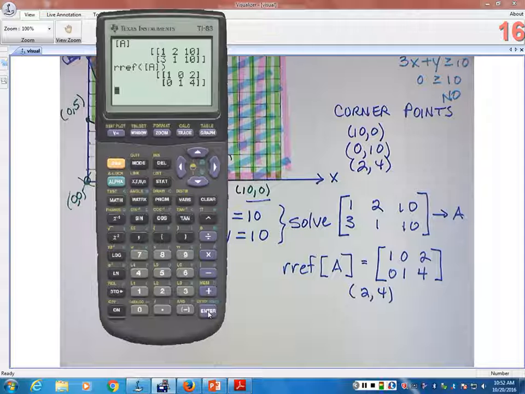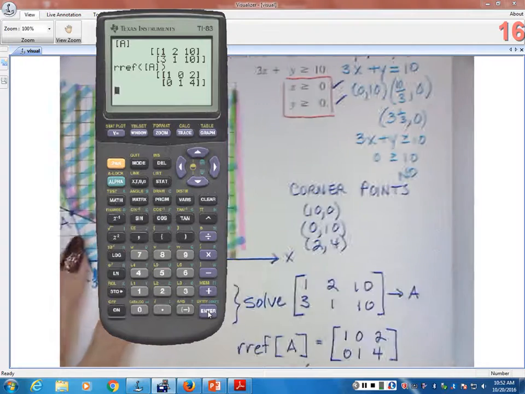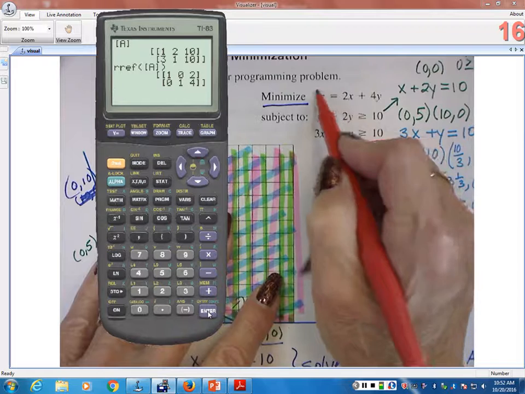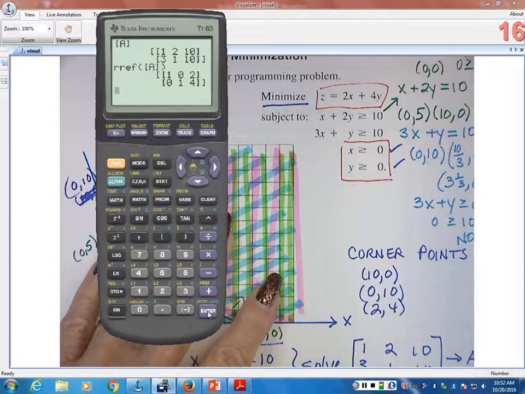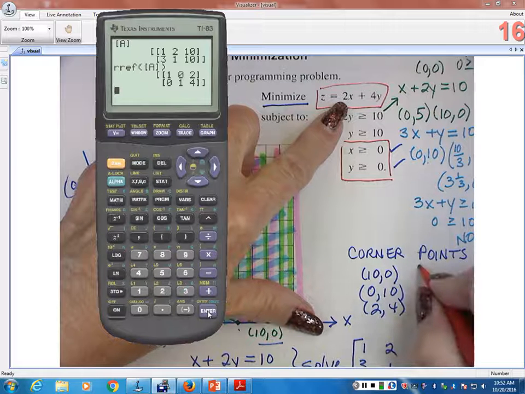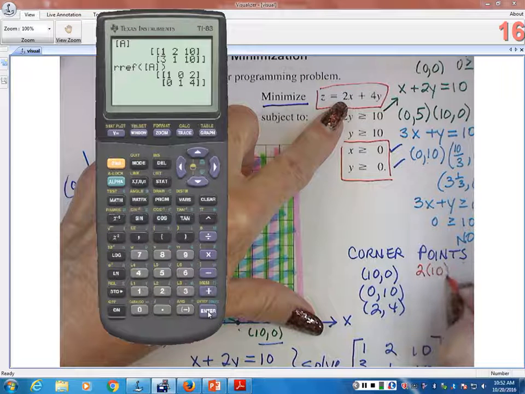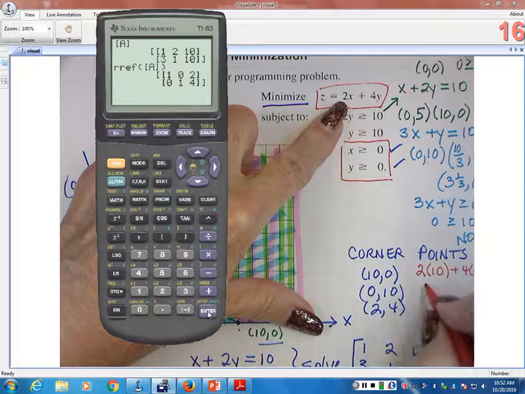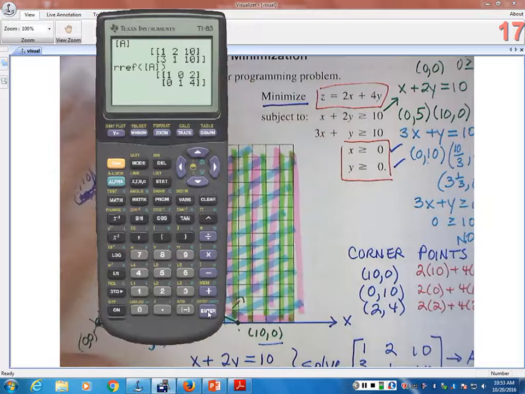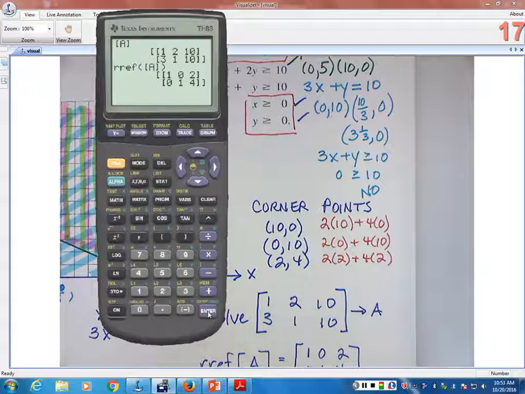And then since the function that we want to minimize is this one, then we will take z is equal to 2x plus 4y, and see which one of those points actually provides the minimum value.